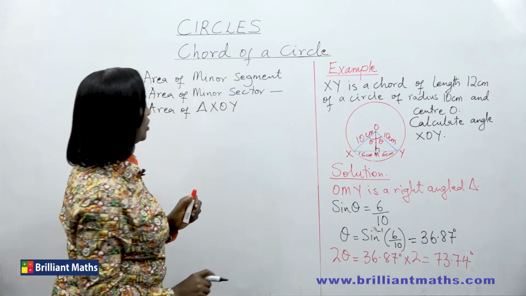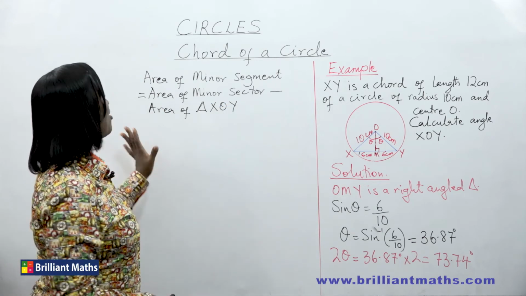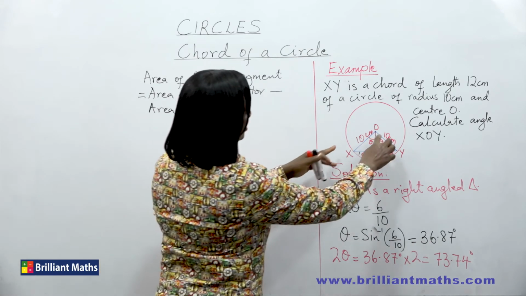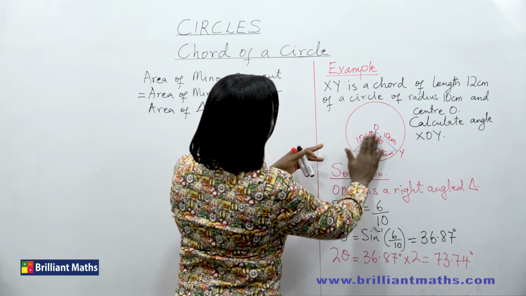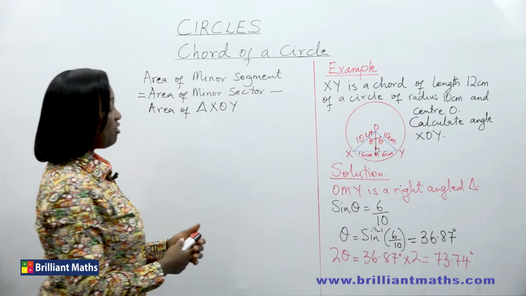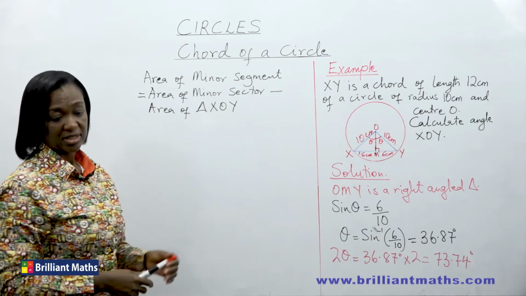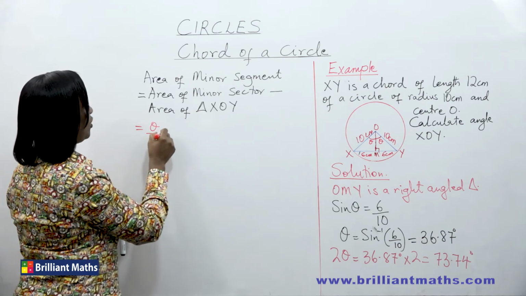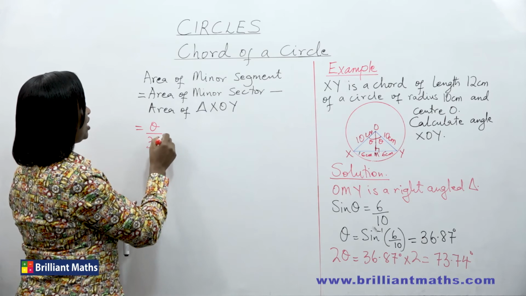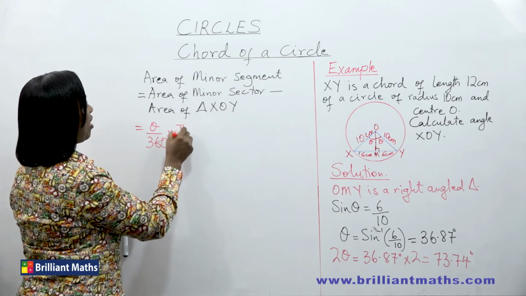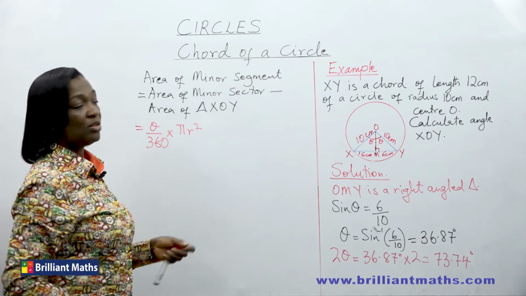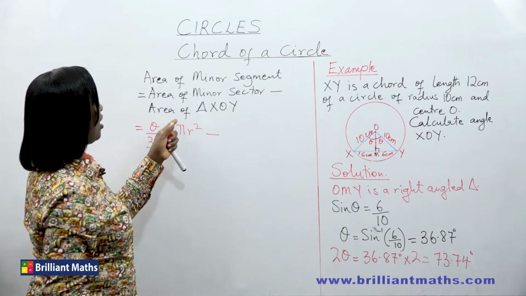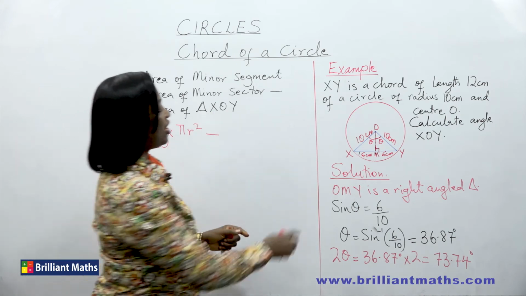All right. So the area of the minor sector will be this entire portion. And what's the formula for the area of a sector? It's theta over 360 times pi r squared. So area of minor sector minus area of triangle XOY.